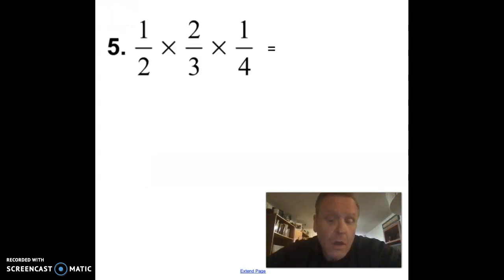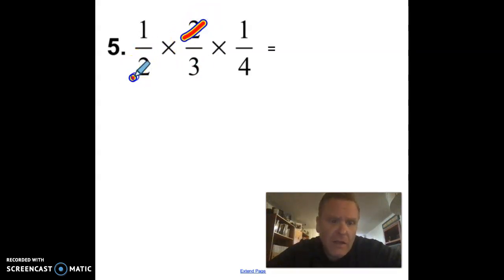Okay, so I want to show you how to do this problem, and you know how to do this problem. Numerator times numerator times numerator. So you'd get 2, and then down here you'd get 2 times 3 is 6, and times 4 is 24. So you get 2 over 24. But there is a better way.